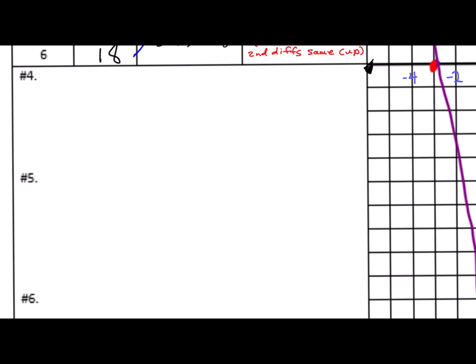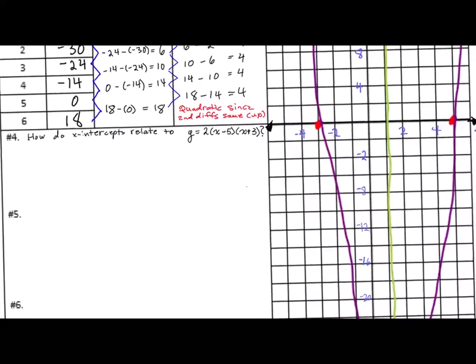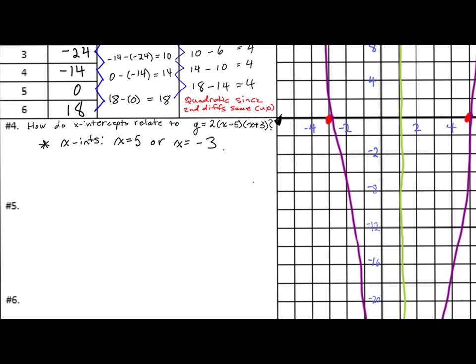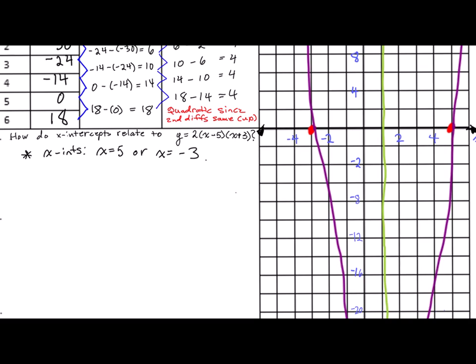We're going to take a look at how they match or show up in the equation. So let's just quickly identify them. In this case, the x-intercepts are 5 and -3. And I've actually taken a look at my chart, and I identified them and just read them right off.